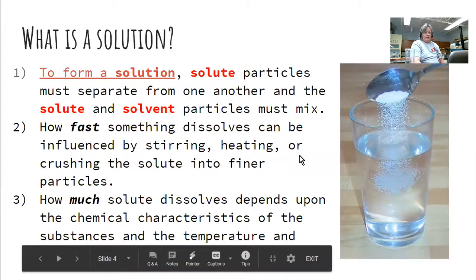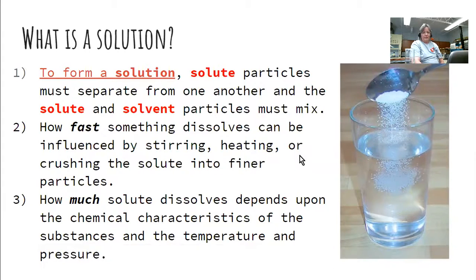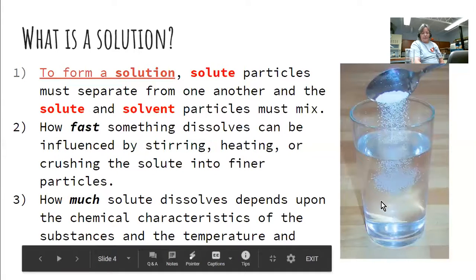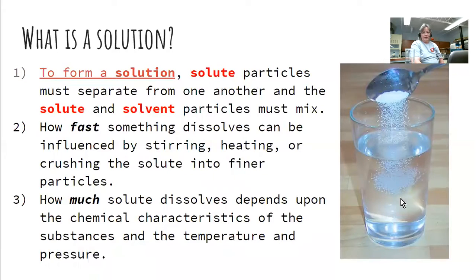To form a solution, the solute particles have to separate from each other. If you put salt in water, it's not a solution until the salt dissolves, or comes apart from itself. So we're going to look at a short video that shows that. In my picture here on the right, I've got salt in a spoon. You can see the crystals falling down into the water. They stay together for a minute, but then as they get further down, the water becomes a little murky, a little cloudy.